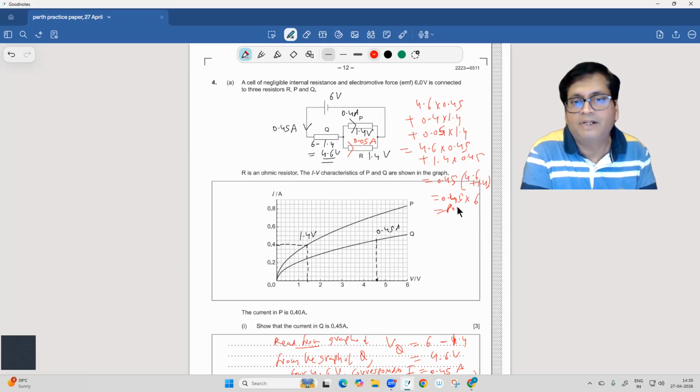Is equal to power supplied by battery, right? So this shows that there is no free lunch, right?